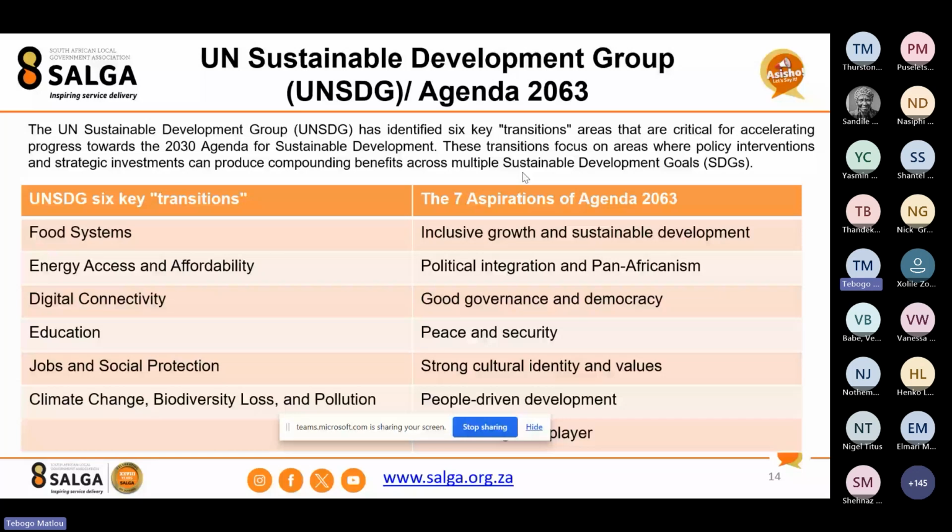If we can do this, then we can at least accelerate the implementation, not 100%, but at least 65 to 70%. As I speak, only 16% of the SDG indicators and targets are on track. 16% of the 231 and 169, it's still nothing.